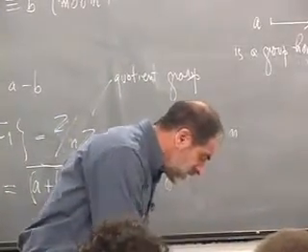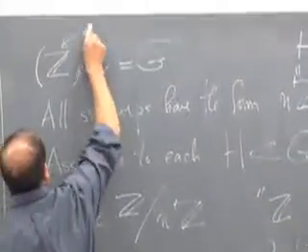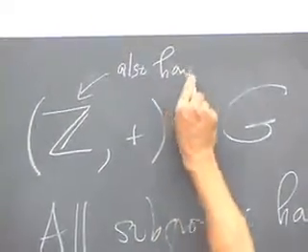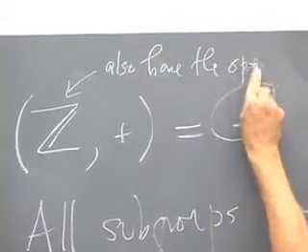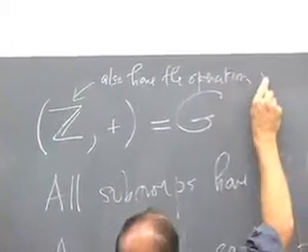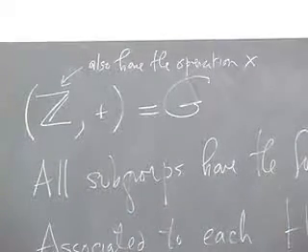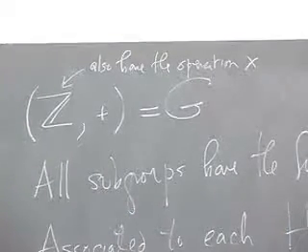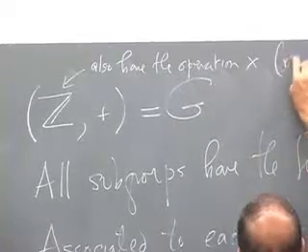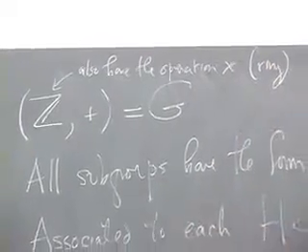Namely, the integers not only form a group under addition, they form a ring. So this also has the operation times. And when you have both a group addition and a multiplication structure, and they're suitably compatible, that's what we call a ring. And we're going to get to that, I promise you, this term.